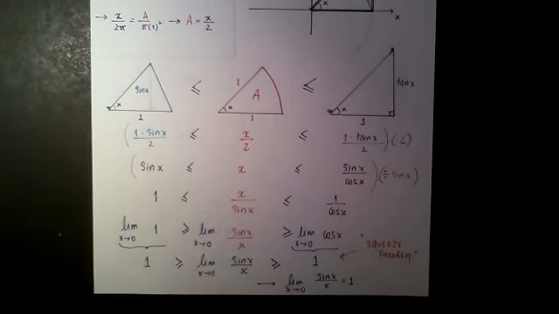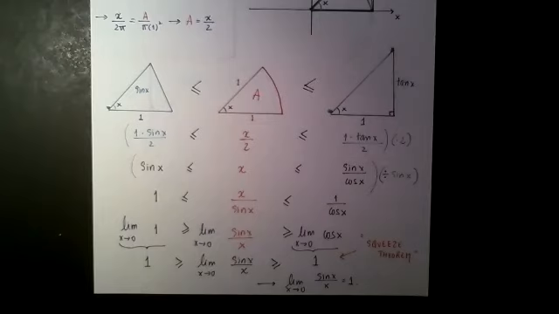And that's the proof that the limit of sine x over x as x approaches 0 is 1. Are there any questions? This is probably the most difficult thing we had to do this semester so far.